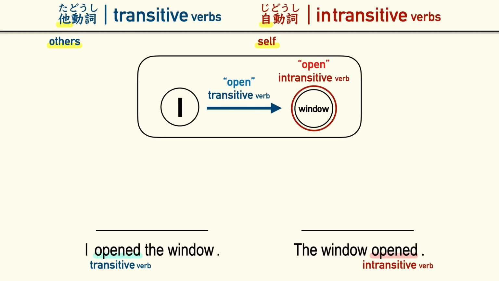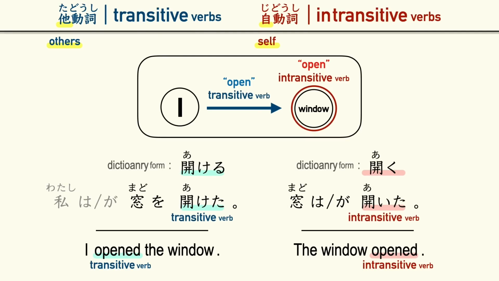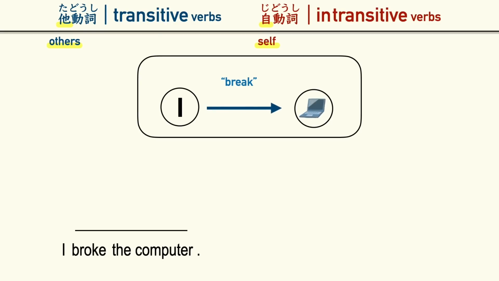But in Japanese, we use two different verbs. 私は窓を開けた. 窓が開いた. 開ける is transitive. 開く is intransitive. They sound similar, but these are two completely different verbs. Another example. I broke the computer. It's transitive.